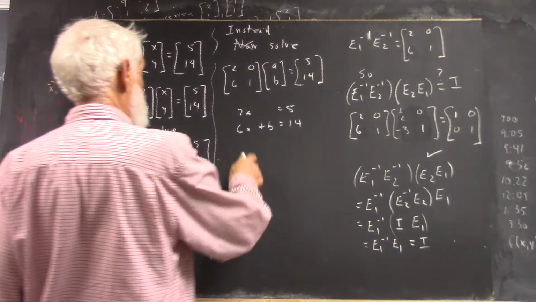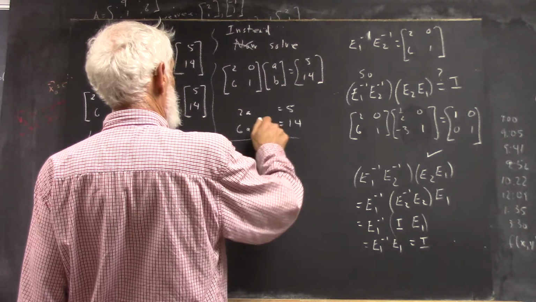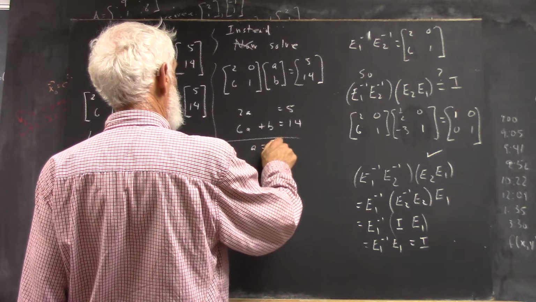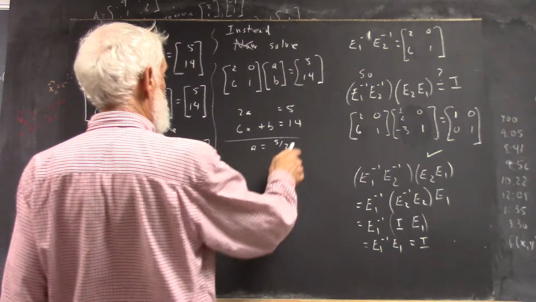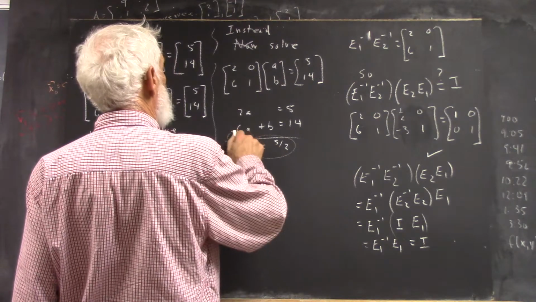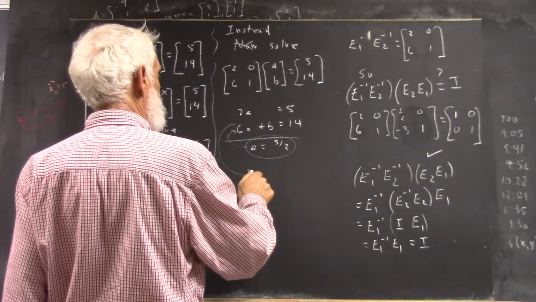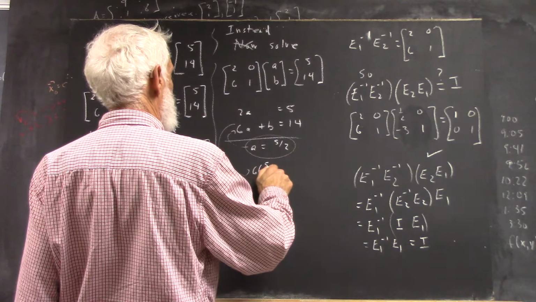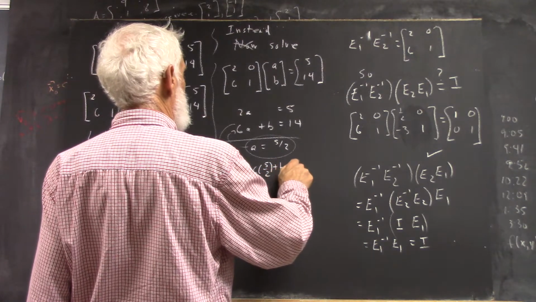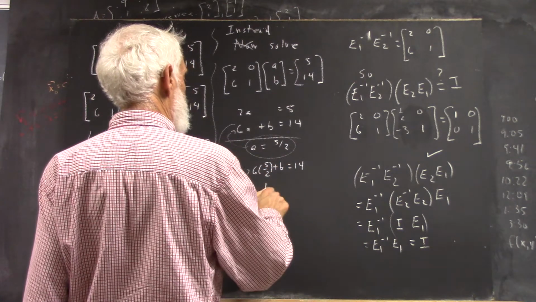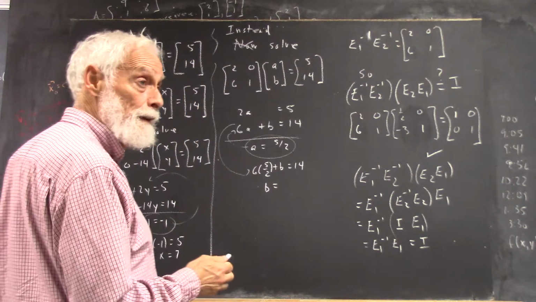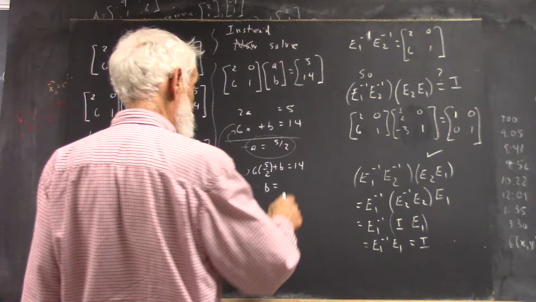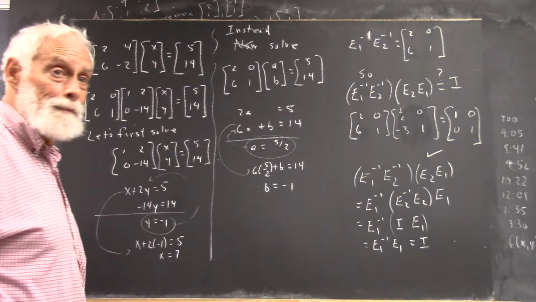Which means then that a equals 5 halves, right? So we plug that in here. This is just forward substitution. And we get 6 times 5 halves plus b equals 14, so that b equals what? Well, 6 times 5 halves is 15. 14 minus 15 is negative 1.